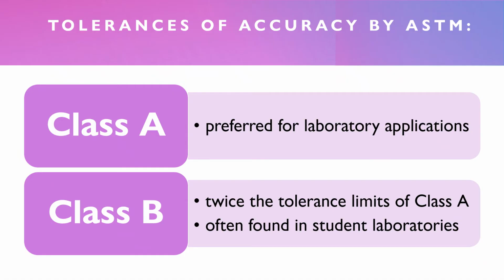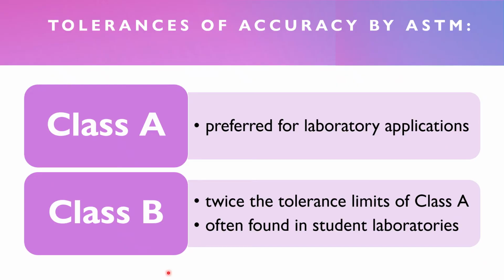Regardless of design, most laboratory supplies must satisfy certain tolerances of accuracy and fall into two classes of precision tolerance, either Class A or Class B, as given by the American Society for Testing and Materials.